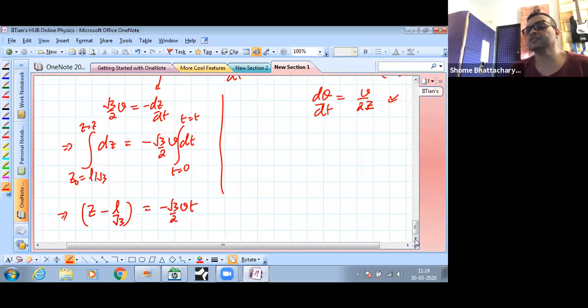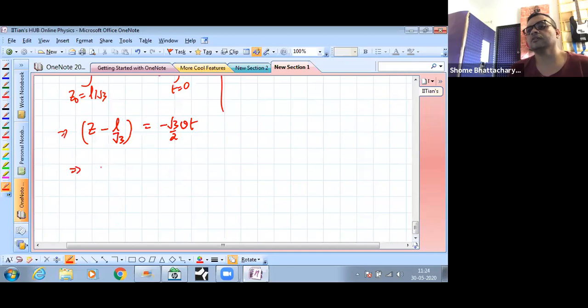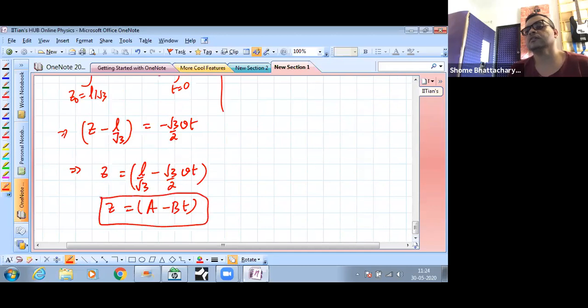So z as a function of time is L by root 3 minus root 3 by 2 v t. So z as a function of time is like capital A minus b t. It's a linear function where A is L by root 3 and b is root 3 by 2 v.